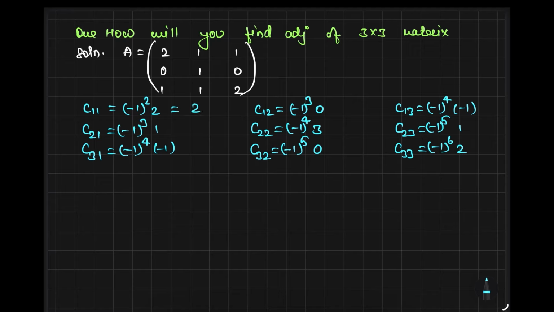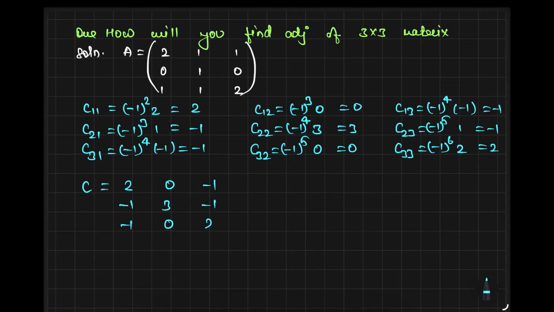So it is 2, minus 1, minus 1, 0, 3, 0, minus 1, minus 1, 2. So we got the cofactor matrix as 2, minus 1, minus 1, 0, 3, 0, minus 1, minus 1, 2.